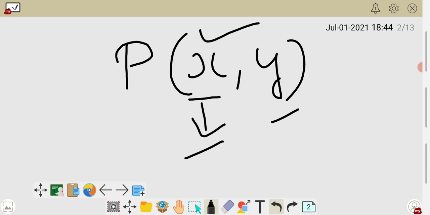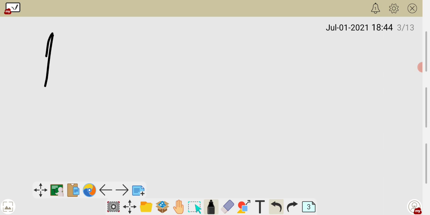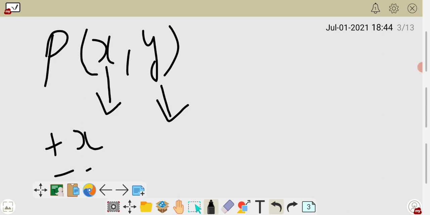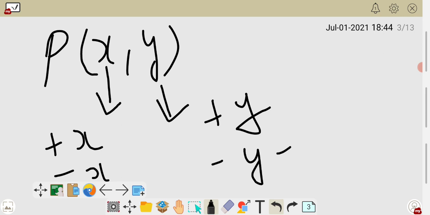So the point is always in the form of P(x, y). It is the position of a point. X always shows the value on the x-axis, and y shows the value on the y-axis. In the same way, if it is positive, then it is on the positive y-axis, and if it is negative, then it is on the negative y-axis.